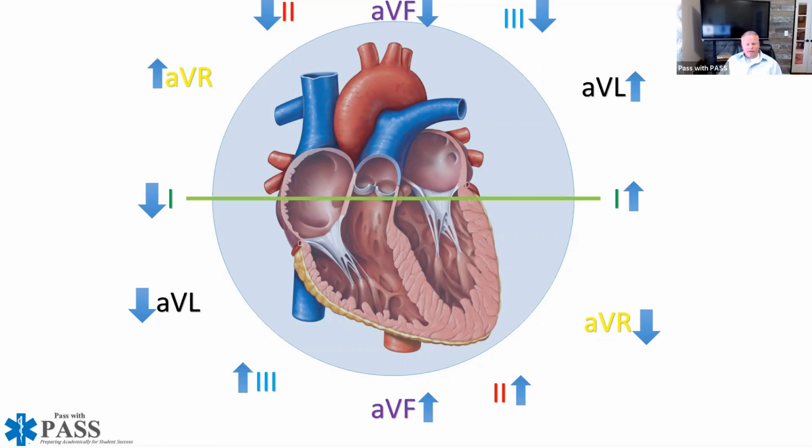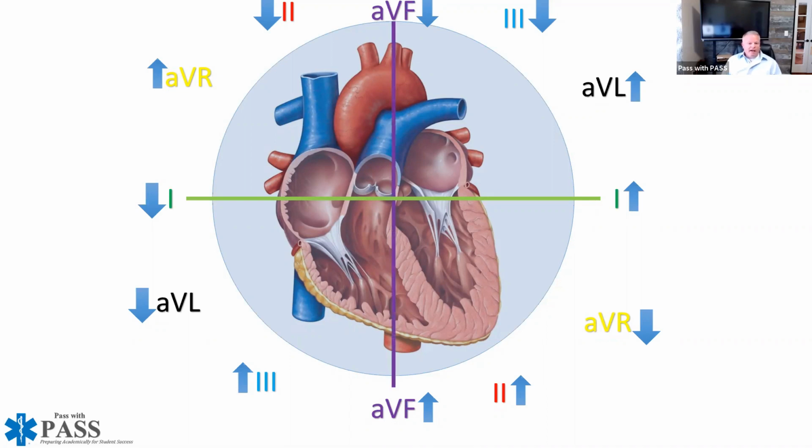So there's lead 1. Now, if I went back to Einstein's Triangle, I want you to think about where lead 1 is at. If you can recall that it's coming from the right arm over to the left arm, then this should make sense. Lead 1 is going straight across, from the right arm to the left arm, and that is why the horizontal line here on axis deviation is lead 1.